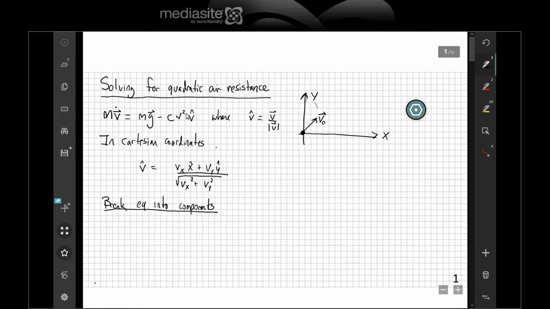Okay. So now if I take this equation and stick it into this one, I want to break this up into x and y components. We did this before. Note that if you look at this particular term, I have v squared times v hat.